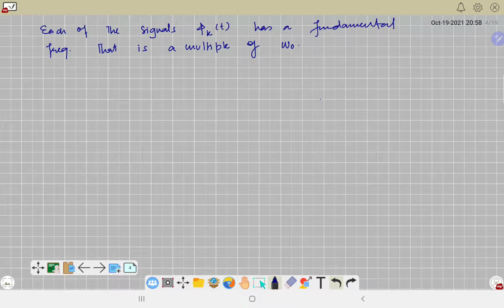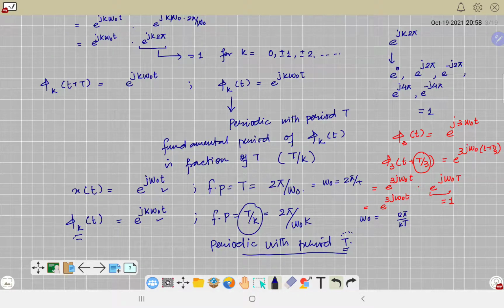So we say they are harmonically related. Harmonic is the term which we use in terms of frequency. Okay, so this signal x of t and phi k of t, which we have just come up with, they are harmonically related, and the relation is this: T is involved in this, T is involved in this.